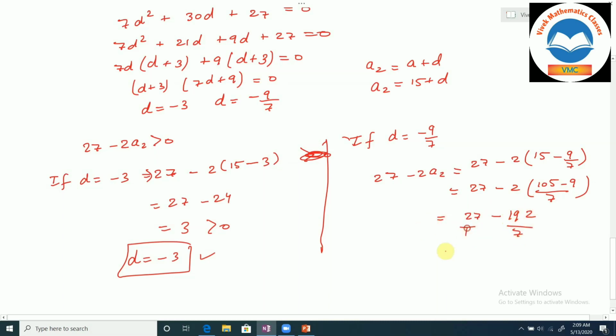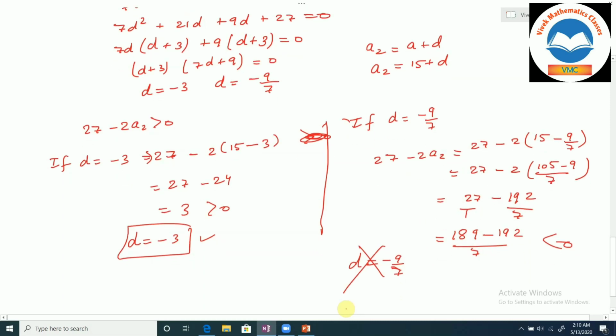So if you take LCM here, this will be 7, 7 into 27 will be 189, and 189 minus 192 will be less than 0. It means d equal to minus 9 by 7 is not accepted.